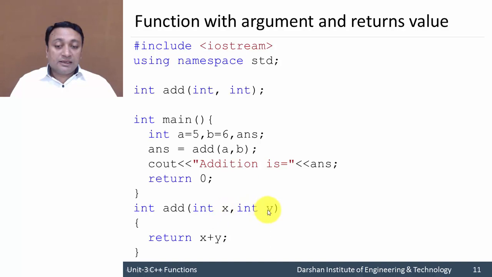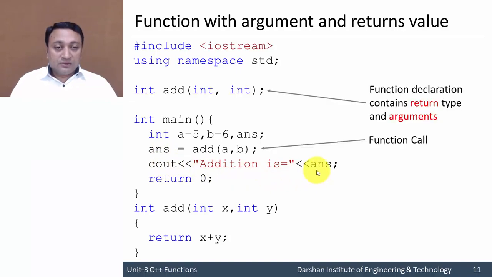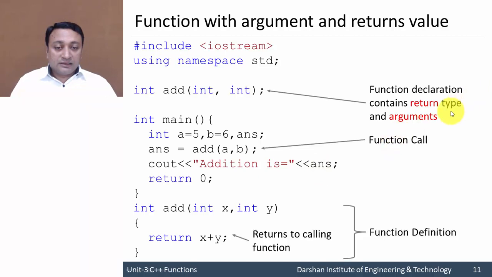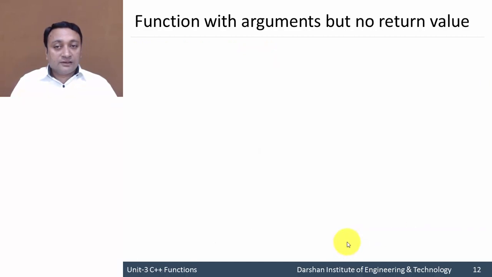Suppose if you write a and b here, they will be different from this a and b. So here I am performing x plus y. It will ultimately perform 5 plus 6 and return 11 to the called function. That 11 will be stored in the integer variable answer, and I am printing the value of answer, right? Here is the function call, here is the declaration, here is the definition.